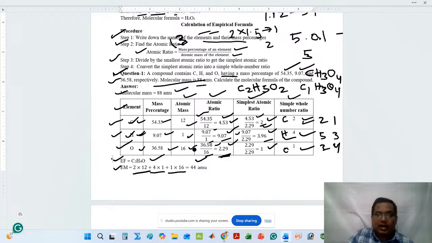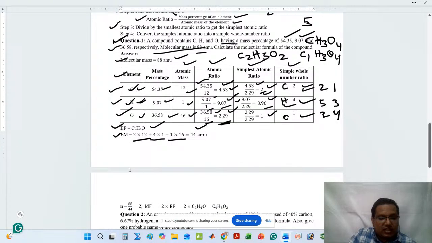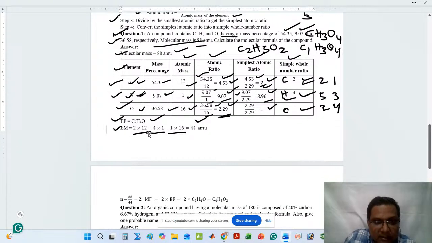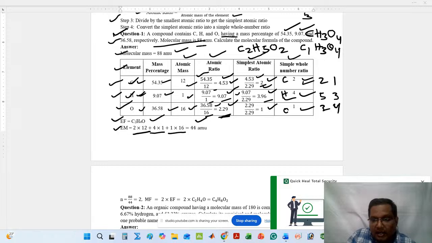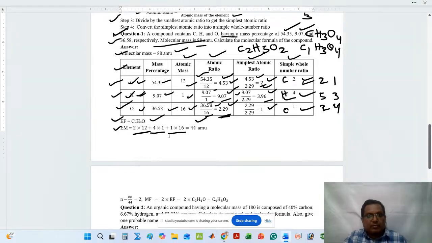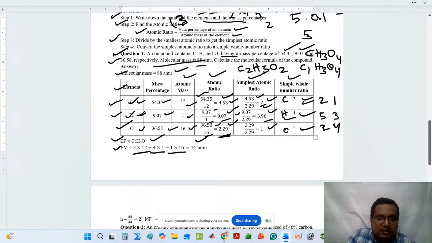Again, we know that our aim is to find the molecular formula of the compound. Up to this, I already calculated the empirical mass. From the question, we know that molecular mass is how much? 88 amu. Now, empirical mass is 44 amu.